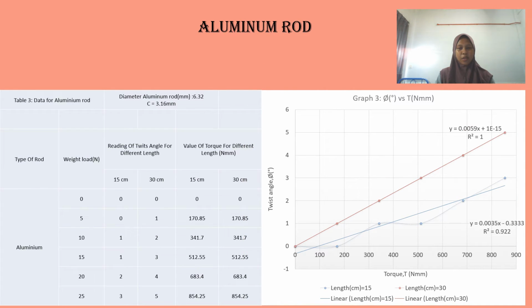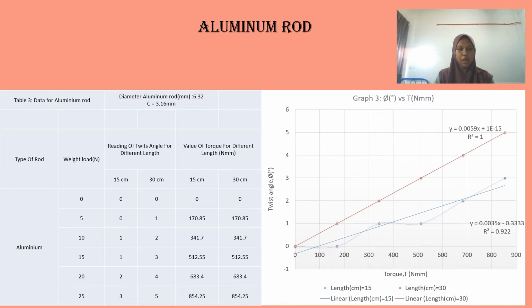Okay, next we show the last type of rod that we use, which is the aluminium rod. The aluminium rod diameter is 6.32 millimeter and C is equal to 3.16 millimeter. The weight load in Newton that we use is 0, 5, 10, 15, 20 and 25 Newton.